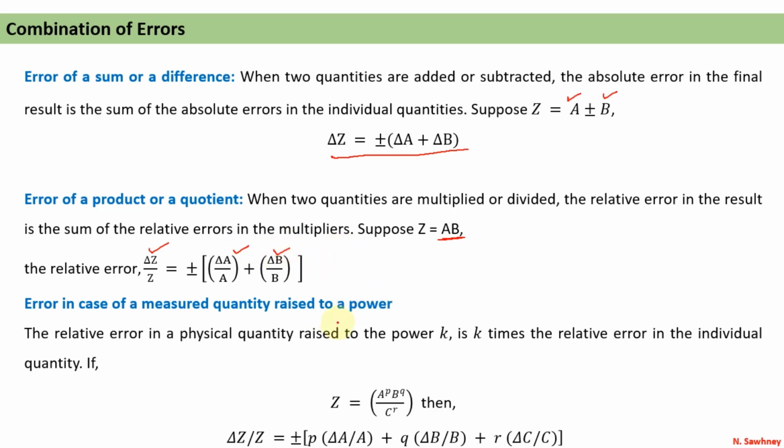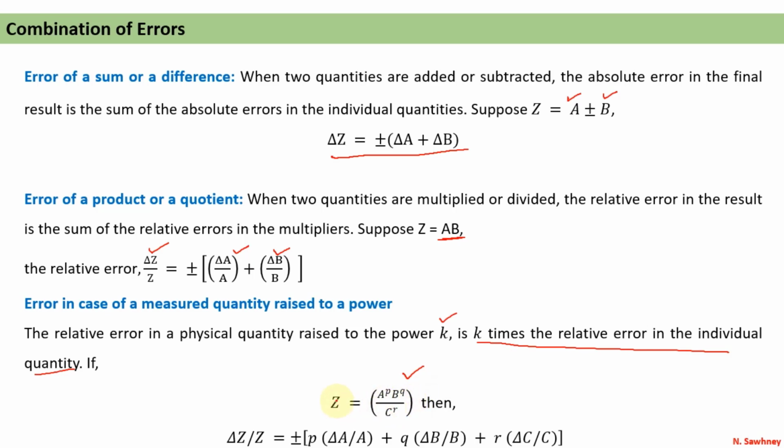Now, error when a measured quantity is raised to some power. Here the power is k. So, the relative error in the resultant will be k times the relative error in the individual quantity. Likewise, here I have taken A raised to the power p, B raised to the power q, divided by C raised to the power r.